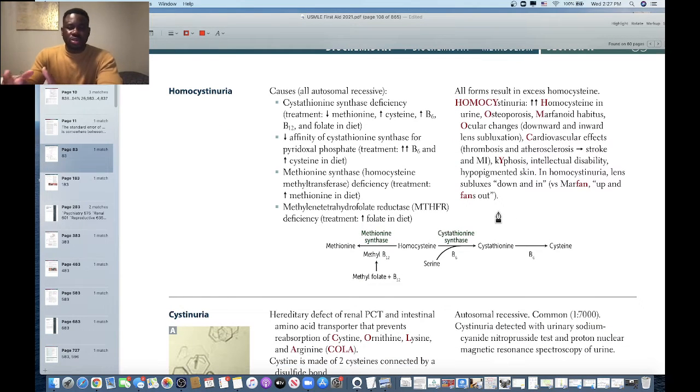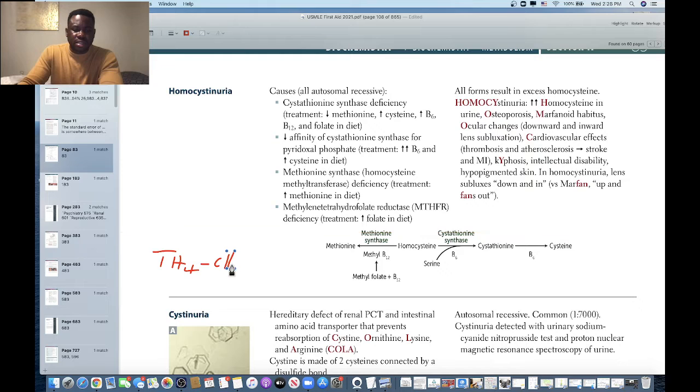Homocystinuria. We also talked about this in the previous video, whereby we said, well, folic acid, that's tetrahydrofolate, is holding methionine, right? So folic acid, tetrahydro, TH, if I want to do it here, tetrahydrofolate is holding CH3, right?